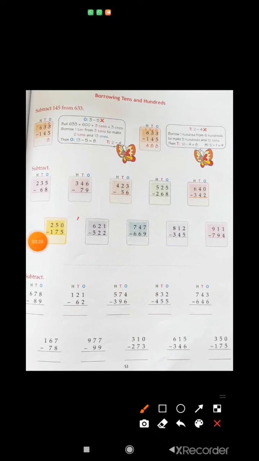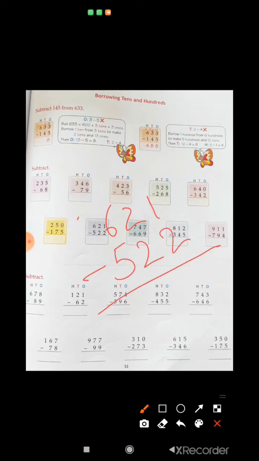Now next, 621 minus 522. Now subtract the ones. 1 is less than 2. Take borrow from here. Here will be 11 and here 1 remaining. 11 minus 2 is 9.